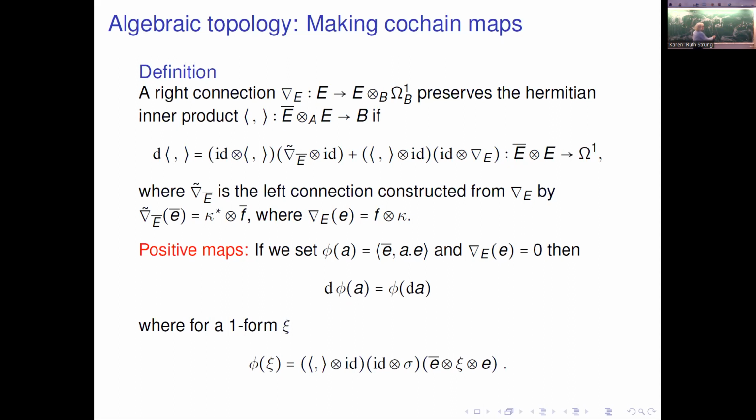I want this to equal phi 1 of dA if this is going to give me a cochain map.